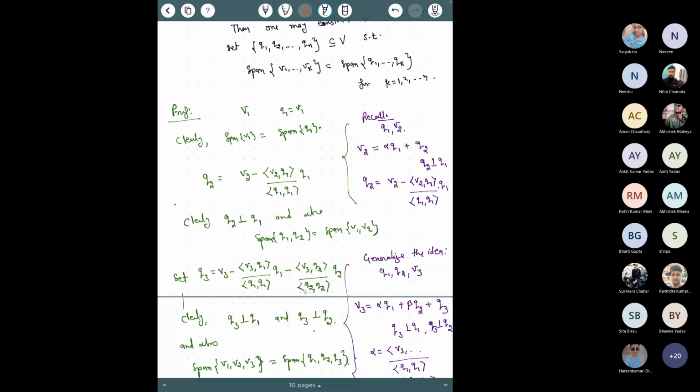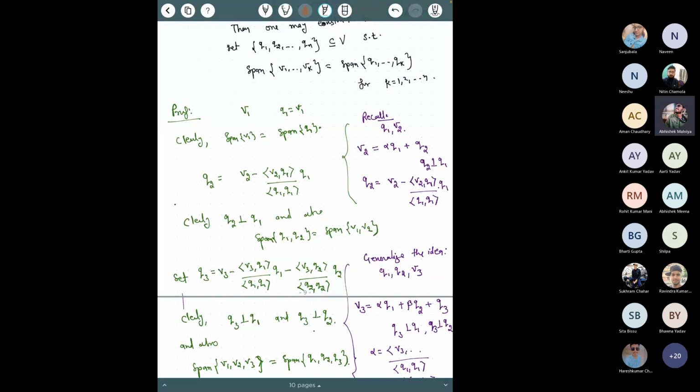That means Vk plus 1 is linearly dependent on V1 to Vk. Now, if I apply the Gram-Schmidt process, then Q1 to Qk I can get the same way, because it applies stepwise, one vector at a time. So from V1 to Vk, I can get an orthogonal set of vectors Q1 to Qk. Okay, that is fine. Now, what can you say about Qk plus 1?